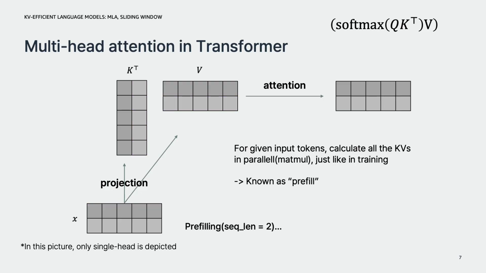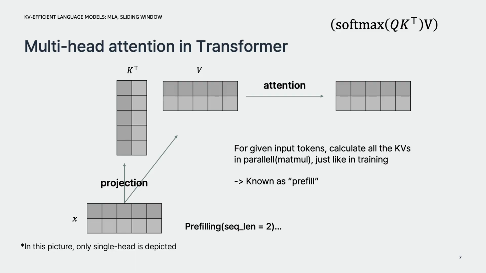Next, I also want to talk about the prefill. Prefill means calculating all the KVs of given input tokens. So if there are two input tokens, in order to generate the next token, we need the KV of these two tokens.